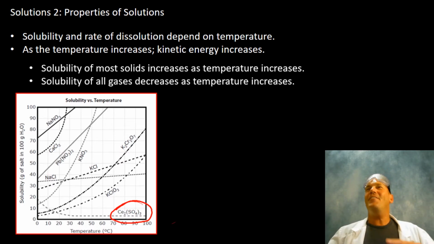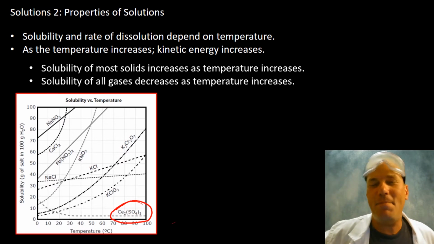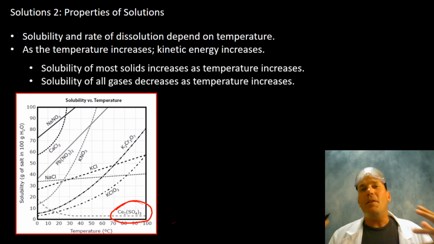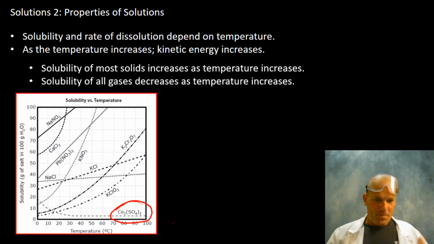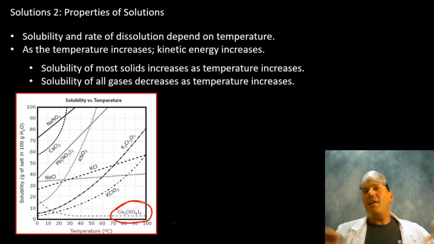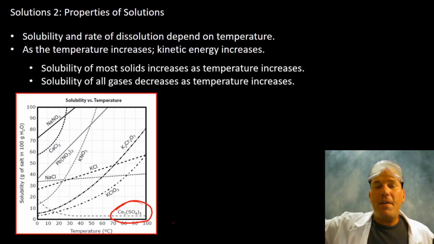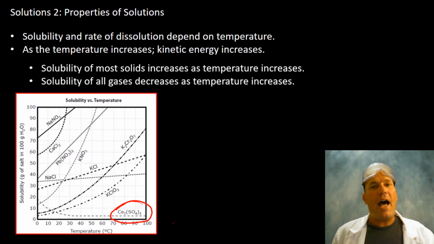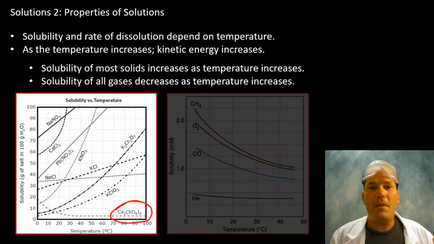And that's an even crazier idea to think about, because then that gets us into applications of reversible reactions, equilibrium, and Le Chatelier's principle. This particular compound is exothermic when it dissolves. So it's giving off heat. So if heat is put into the system, it actually pushes to the opposite direction. So it favors the reactants, i.e. it favors the solid. Really cool to think about.